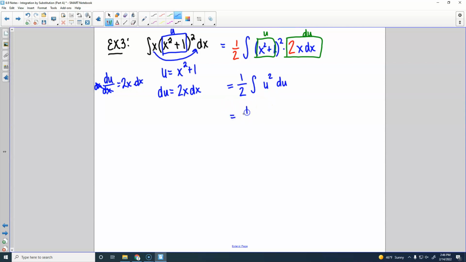All right, and then we're just going to integrate. So increase your exponent by 1 to get 3. Multiply out front by the 1/3. Put the plus C on the end.